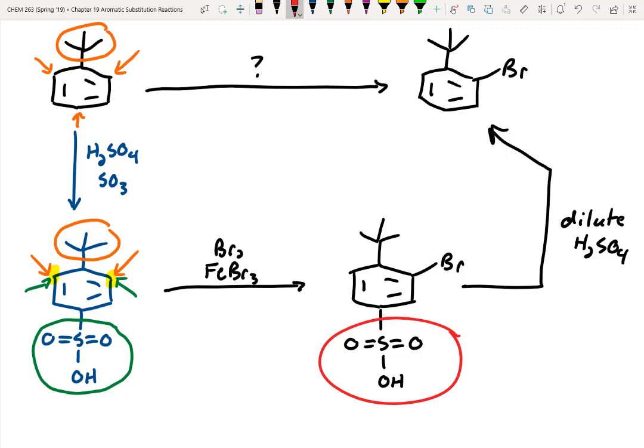Yeah, that's a good point. So in this first step, we had H2SO4, but after the second step, we didn't. So we're going to reintroduce the sulfuric acid, add some water in, and make sure that we can pop this off. So if you remember, this will remove that blocking group.